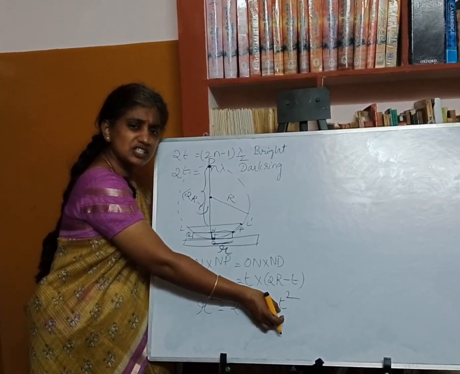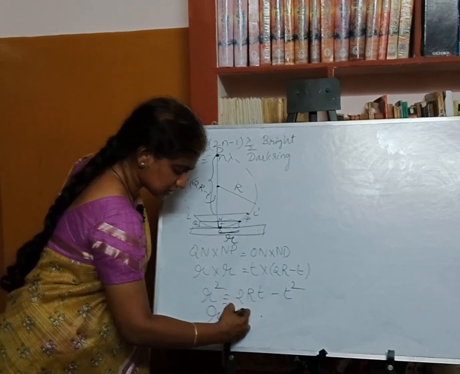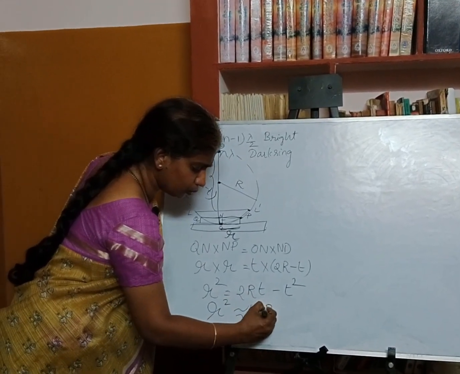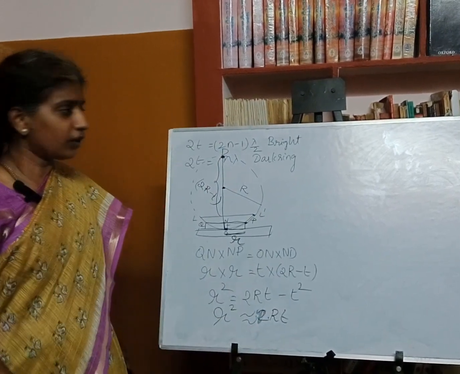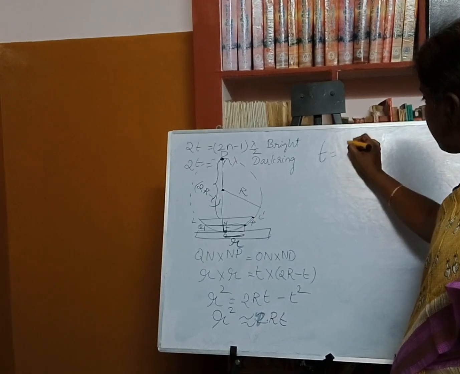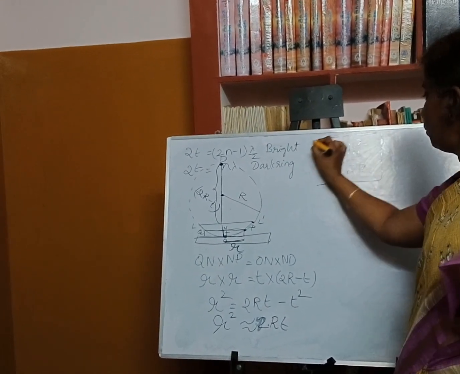So if you take t square, it will be still more small. So we can approximate this as r square is approximately equal to 2Rt. From this we can find the thickness to be t is equal to r square by 2R.